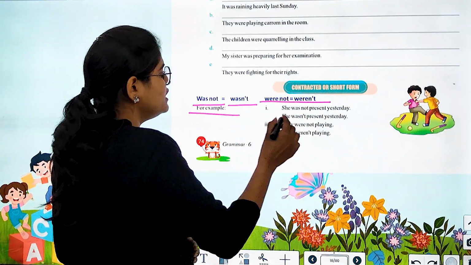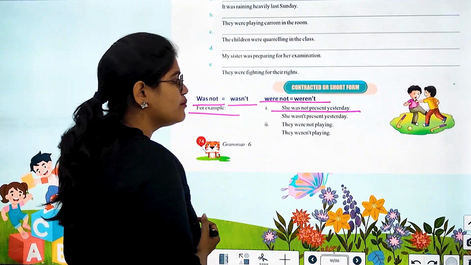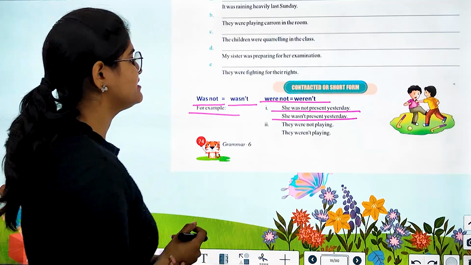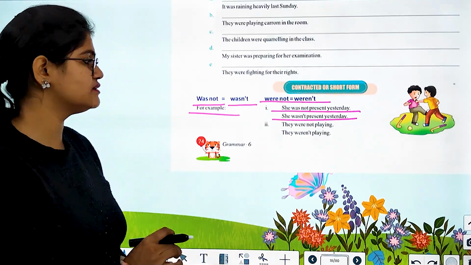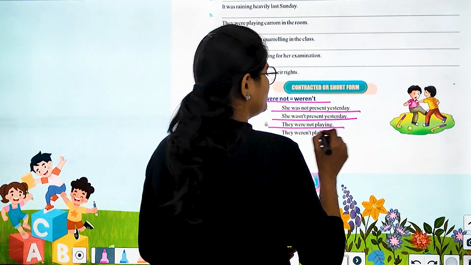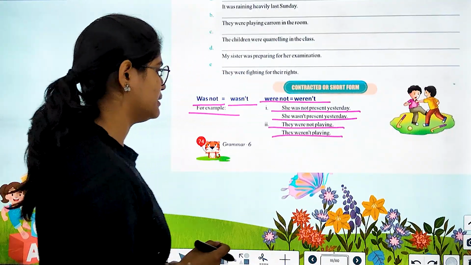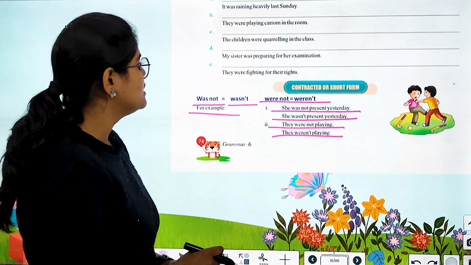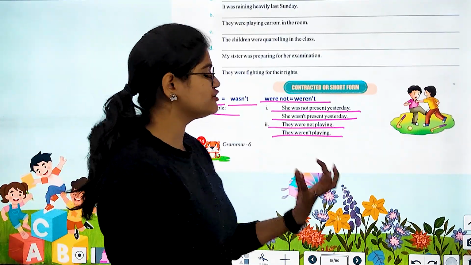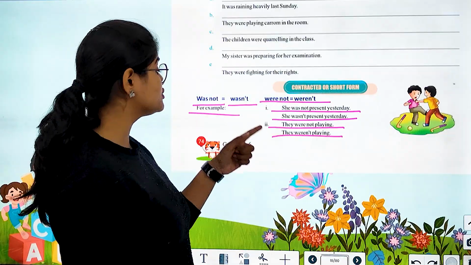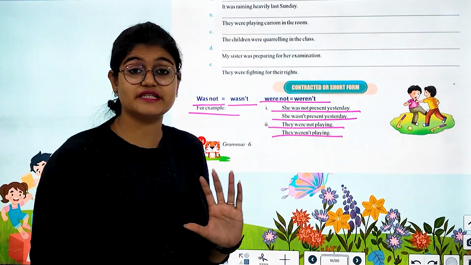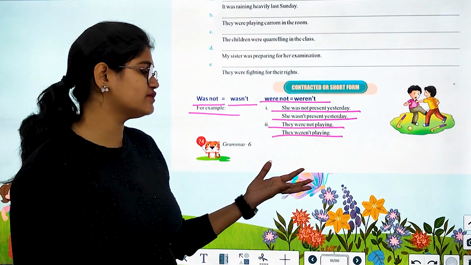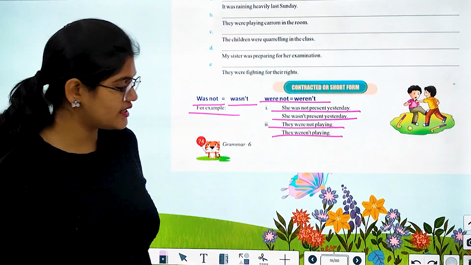So for example, she was not present yesterday. She wasn't present yesterday. They were not playing या फिर they weren't playing, right? So these were the short forms, right? कि हम जब were not या फिर was not साथ में लिखना होता है तो हम इस तरीके से उनको contract कर देते हैं and we can use them in the sentences, right?